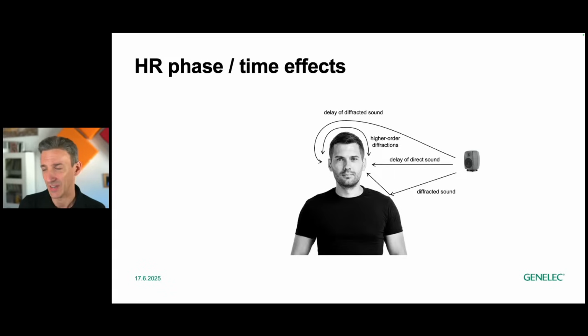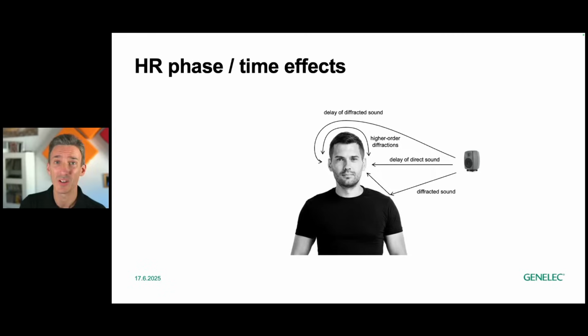And the diffracted sound, as said, now has a time-of-flight difference. It's only these two effects, but they have a huge impact on how well we can capture this in an HRTF.